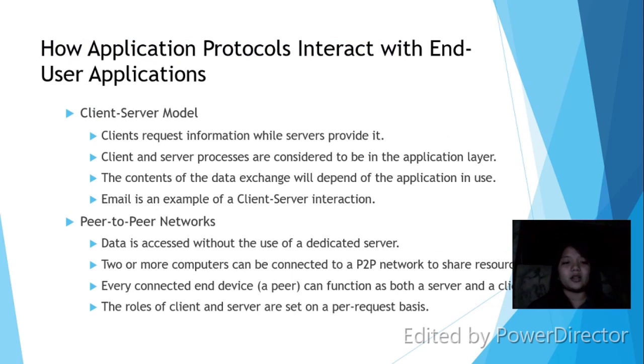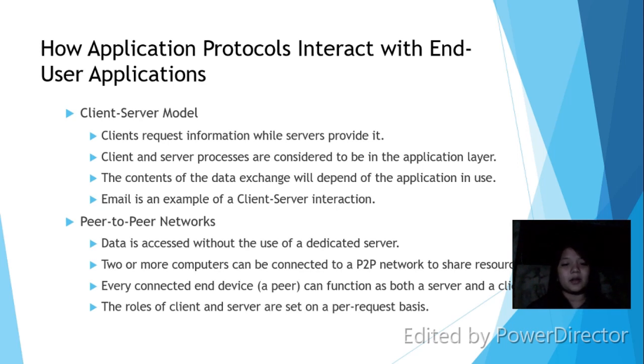How application protocols interact with end user applications. Client-server model. Clients request information while servers provide it. Client and server processes are considered to be in the application layer. The contents of the data exchange will depend on the application in use.